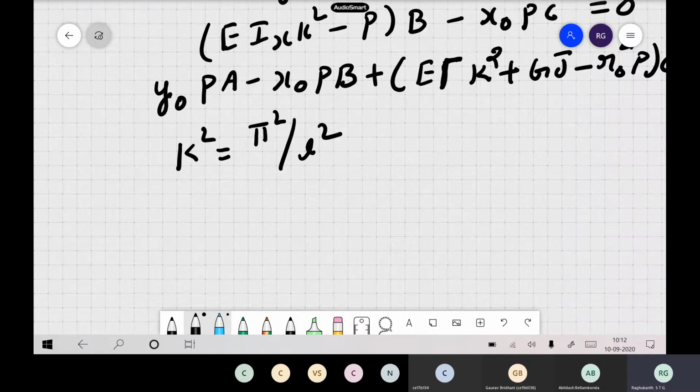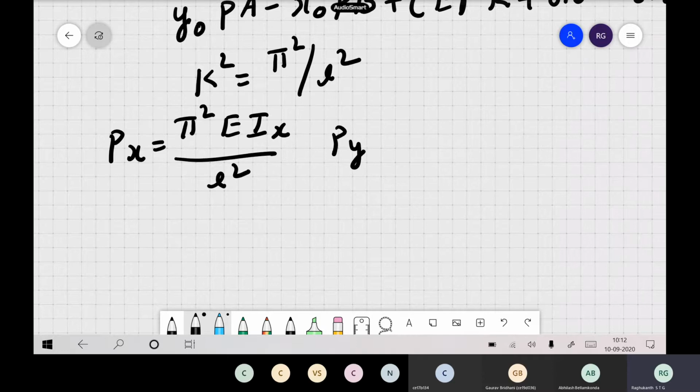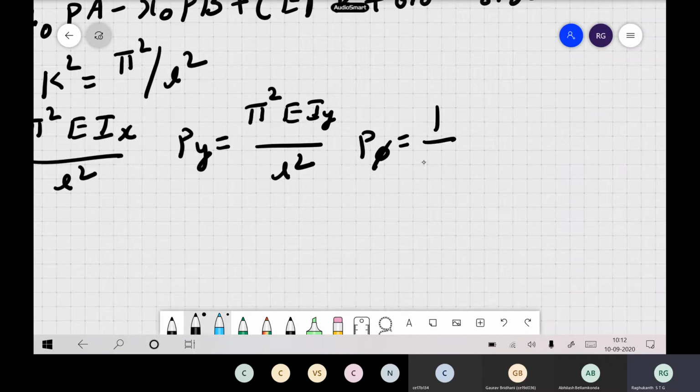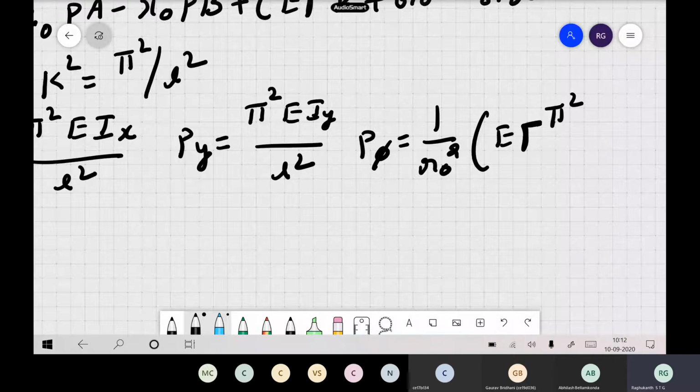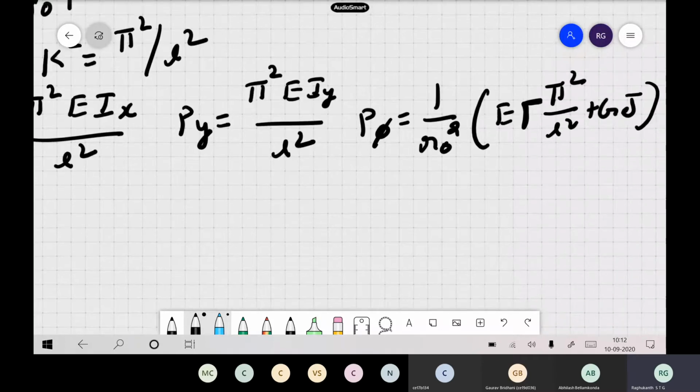If we introduce terms, I am denoting Px as pi square E Ix by L square, then Py as pi square E Iy by L square, and P phi as 1 by r naught square times E warping constant pi square by L square plus GJ.